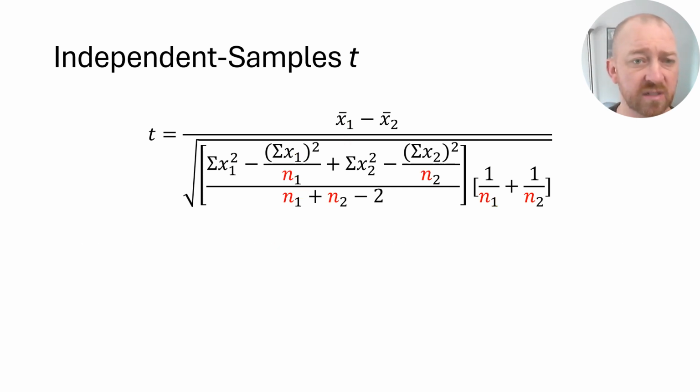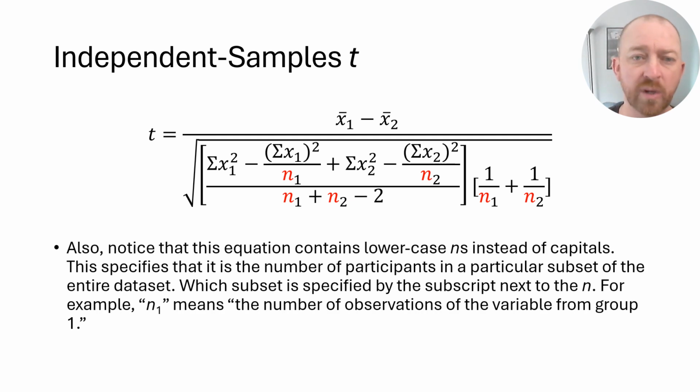Another thing that we'll note here is these little n's, these lowercase italicized n's. You'll recall a capital italicized N stands for something like the number of observations. The little lowercase n is APA format, the American Psychological Association's format, to indicate that this is a subset of the larger group.